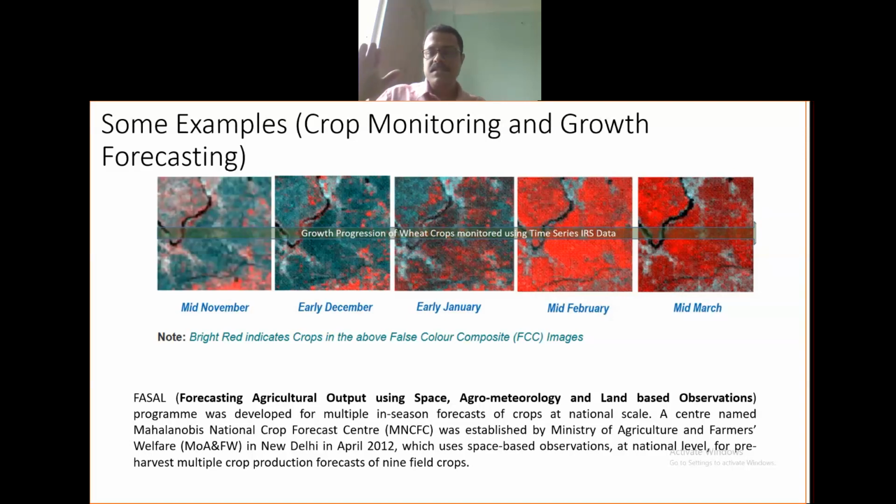If there is some slump in the growth, you can take intervention measures, especially if we notice that the growth expected on a particular cropland is not there.